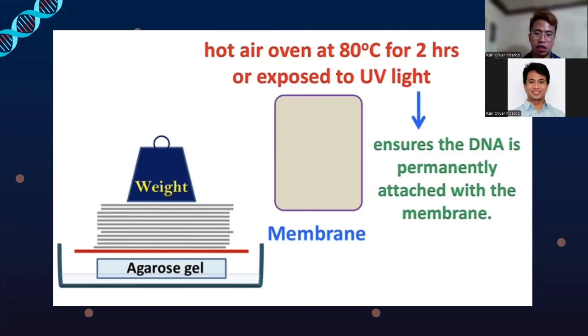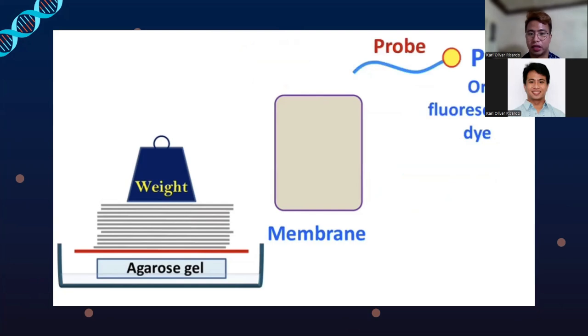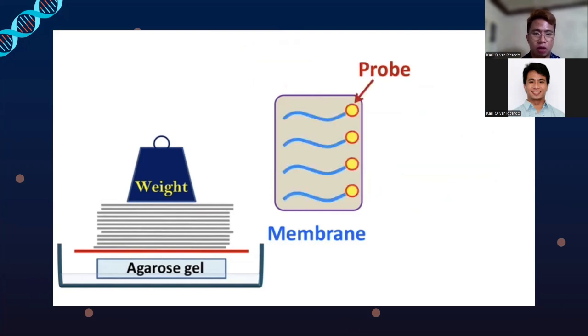The next step involves the detection of the desired fragment using a probe, which is a nucleotide sequence complementary to the desired DNA fragment to be detected.